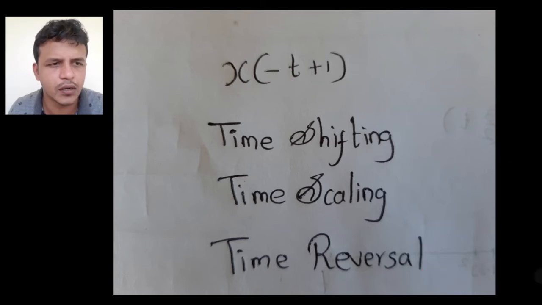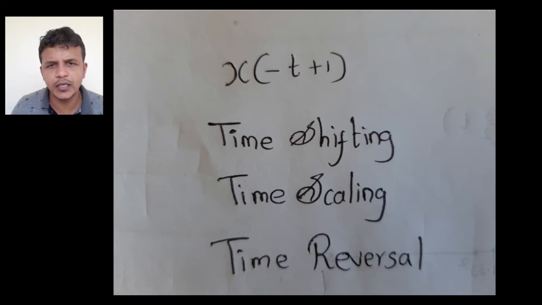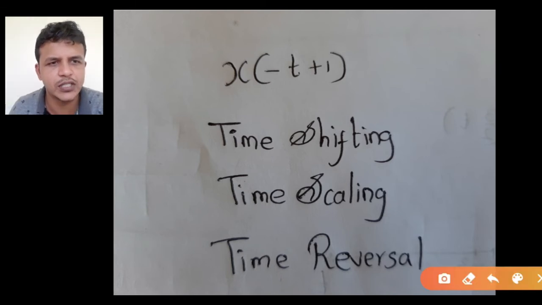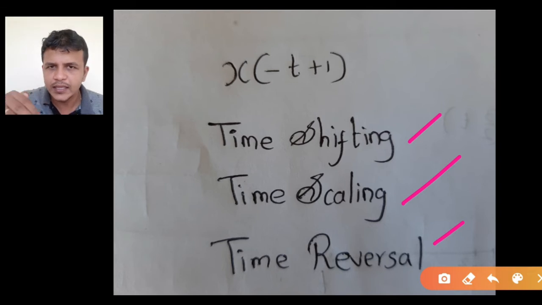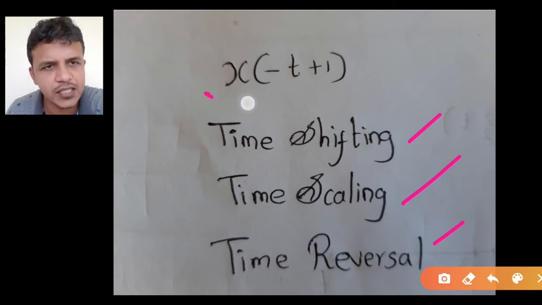So I told you these kinds of problems may be approached in two ways. One is the traditional method, where we have to follow this order: time shifting, time scaling, time reversal, performed on the signal x of t to get x of minus t plus 1. Time shifting means we first perform x of t plus 1.